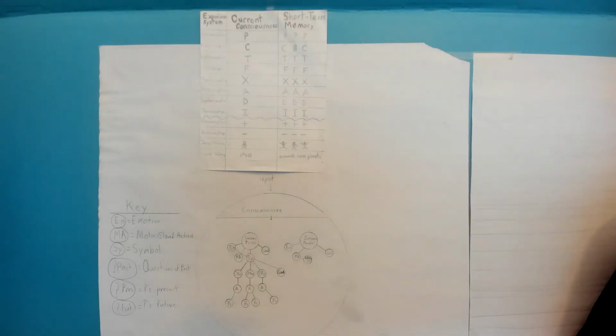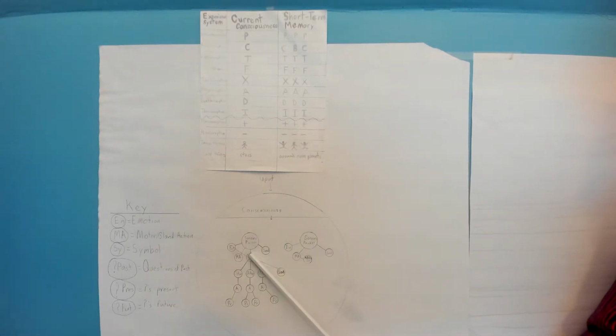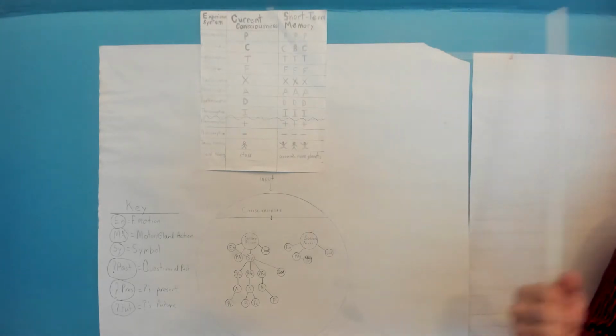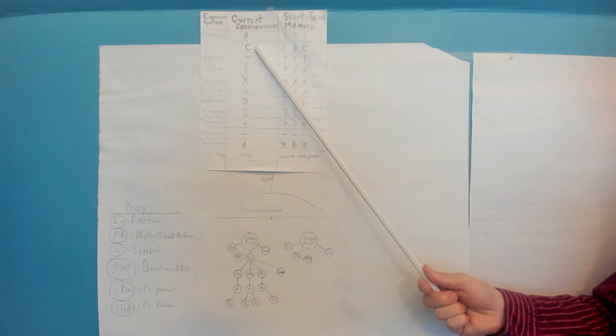Okay, it sees that it matches up. So the next step is to retrieve the action memory, whether it be a glandular response or a motor action response, and retrieve that salivation. So see here, smell of food.